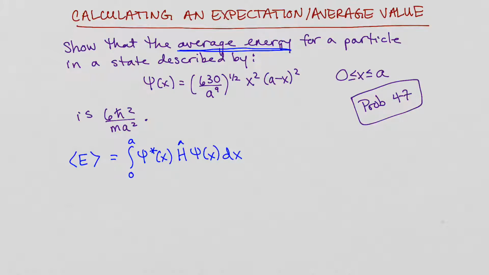Remember, this is your standard setup for any average value calculation. It doesn't matter what average value you're calculating, this is going to be the standard form, where you've got your operator for that particular observable quantity that you're looking for, sandwiched in the middle between your psi star and psi. Don't make the mistake of putting your operator out front or out over here.